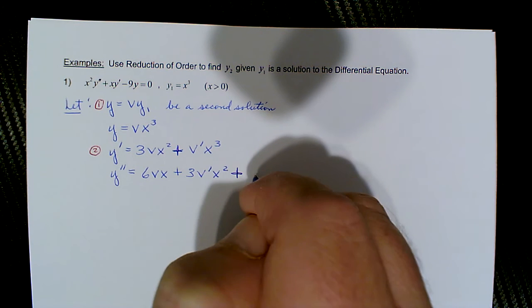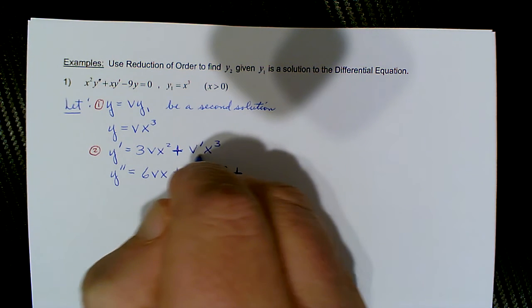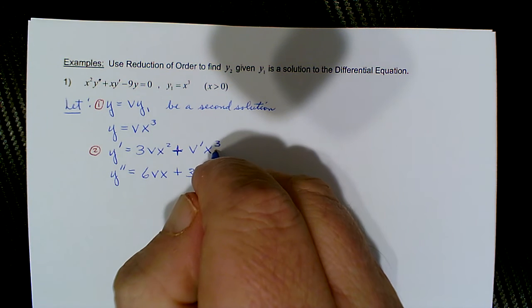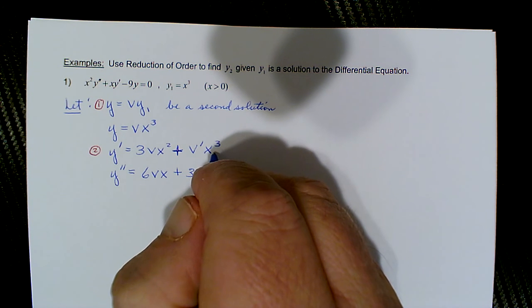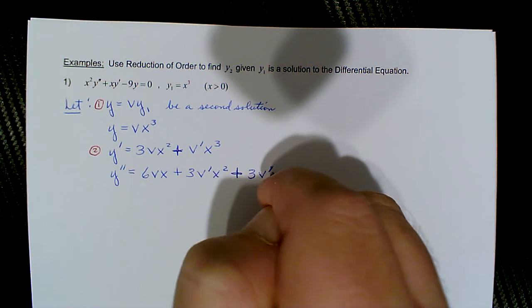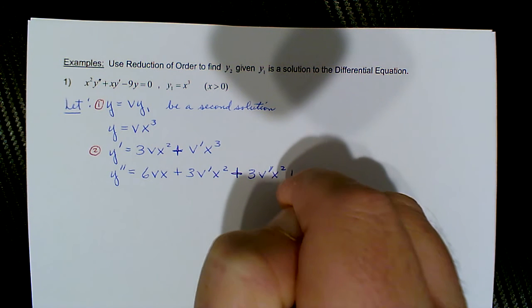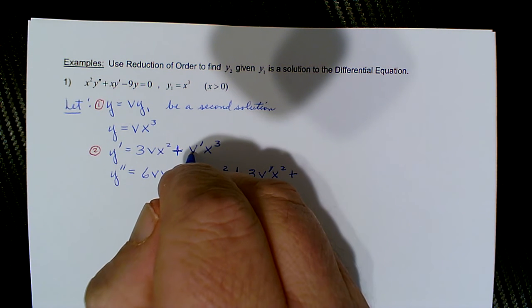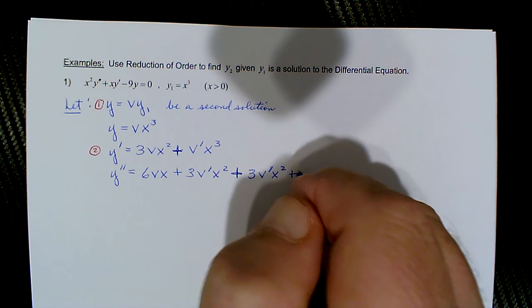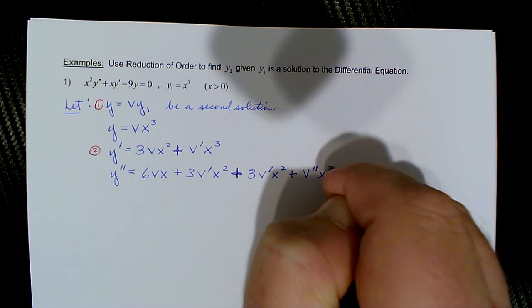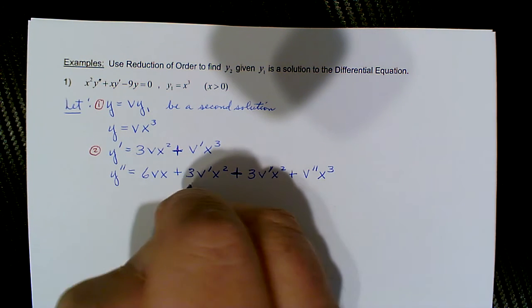So we know that the next two terms are coming from the product rule on this term. The first factor, v prime, times the derivative of the second, the derivative of x cubed, 3x squared. So I'll write 3v prime x squared. And then by the product rule plus the second factor, x cubed, times the derivative of the first, and the derivative of v prime, in general v double prime, so v double prime x cubed.